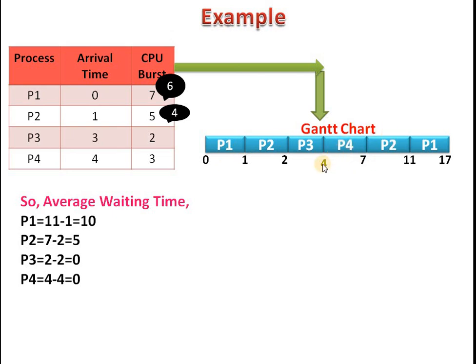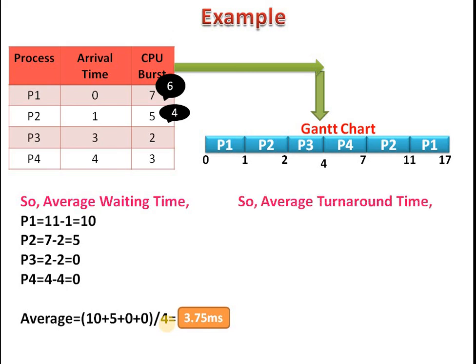Its waiting time is 4 and arrival time is 4. So 4 minus 4, it's 0. Here, arrival time of P3 is 3. So 2 minus 3, it's a negative value. So we consider it as 0 waiting time. Now, take the average of these processes, that is 10 plus 5 plus 0 plus 0 divided by 4, the total number of processes, and the total average waiting time is 3.75 milliseconds.